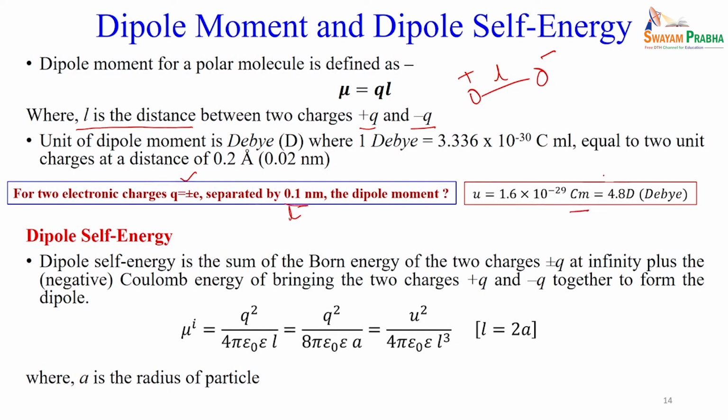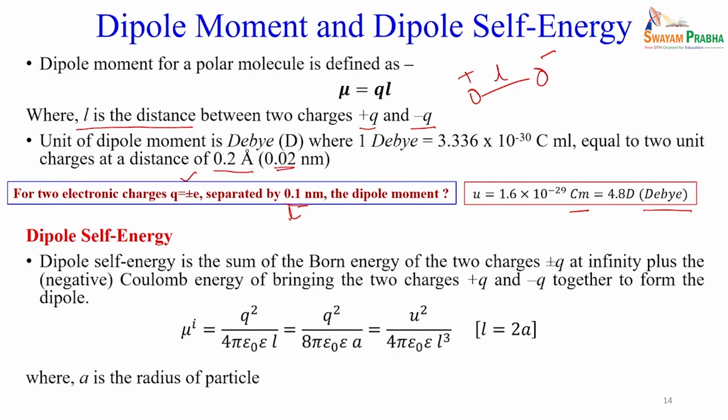Typically, if you see the dipole, it is reported in terms of Debye. Debye is defined as follows: 2 unit charges are separated at a distance of 0.02 nanometer. If you calculate the dipole moment of the 2 unit charge molecules or ions at a distance of 0.02 nanometer, that is known as 1 Debye.